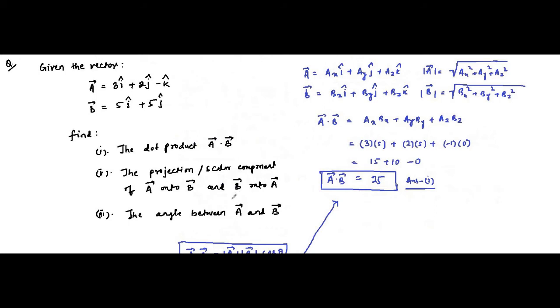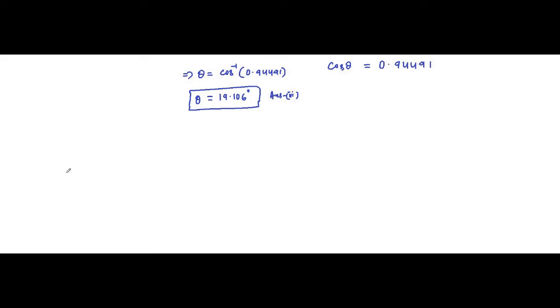Now the second part, which is scalar projection or scalar component. Now we have already discussed the concept of scalar component, that suppose there are two vectors, let's say A vector and B vector. So the scalar component of A vector onto B vector is expressed as, first we'll draw a perpendicular from that particular vector.